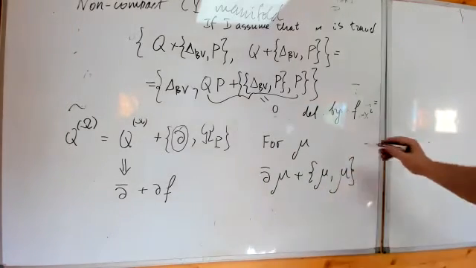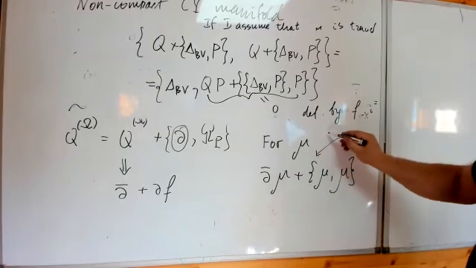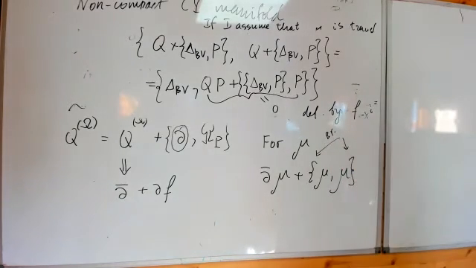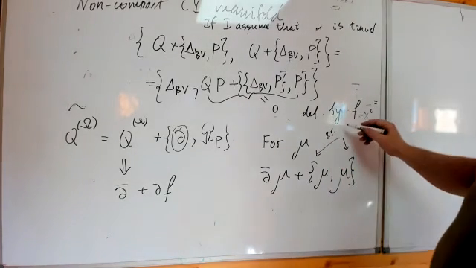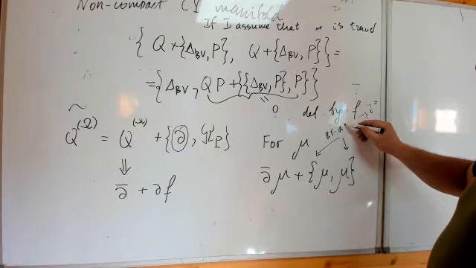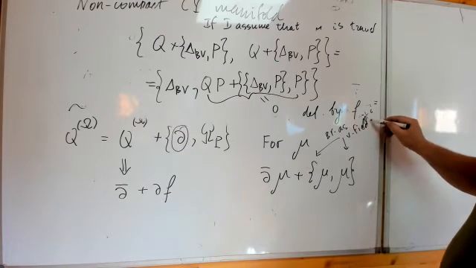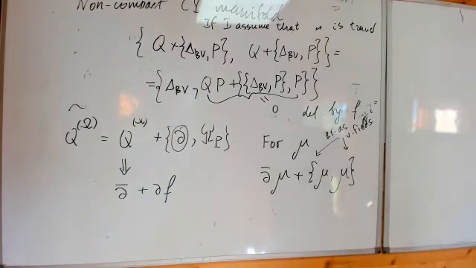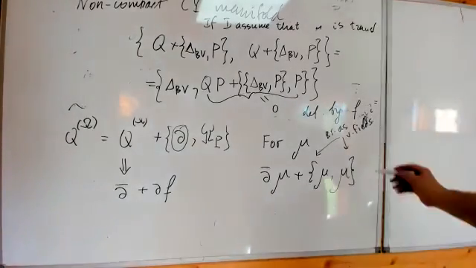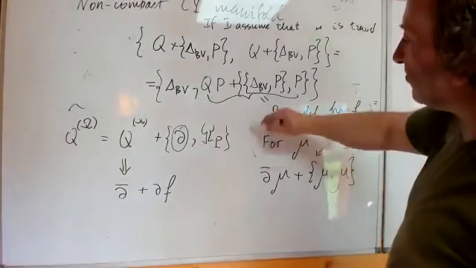Here brackets are brackets as vector fields. Actually, this bracket structure comes from this structure.